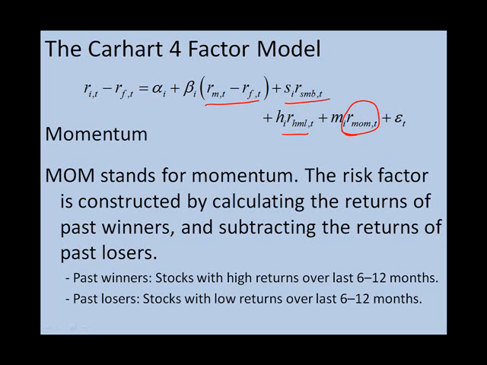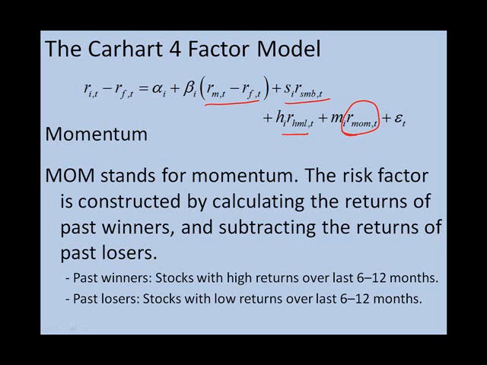This risk factor for momentum is constructed by calculating the returns of past winners and subtracting the returns of past losers. Past winners are stocks that have had high returns over the last 6 to 12 months, while the losers are the stocks that have had low or negative returns over the past 6 to 12 months. So we go long the past winners and we short the past losers.